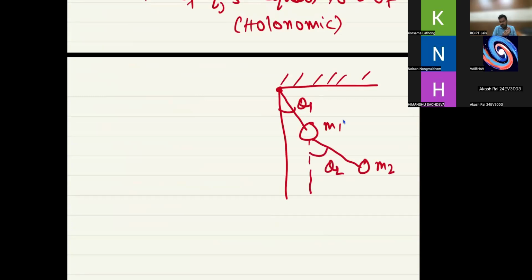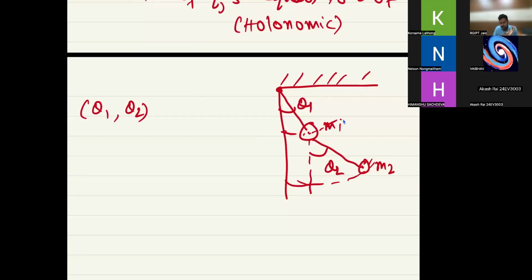These two masses can oscillate around this plane. The positions of mass M1 and M2 can be represented by some values of θ1 and θ2. So this is one configuration, one of the many allowed configurations.